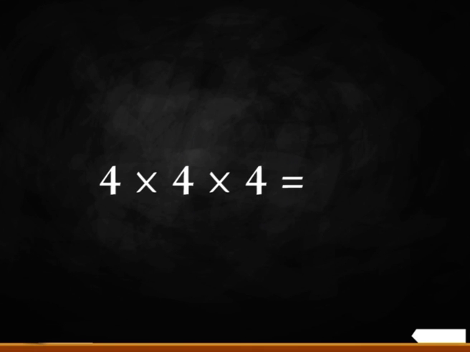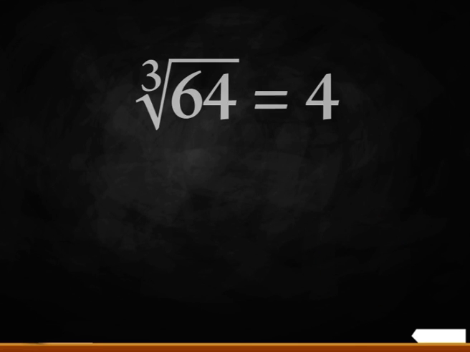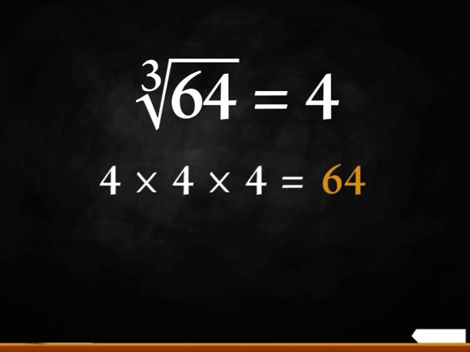What do we get when we multiply 4 by itself 3 times? When we multiply 4 by itself 3 times, it gives 64. Do you think we have got our answer? Yes. Cube root of 64 is 4 because when 4 is multiplied by itself 3 times, it gives 64.